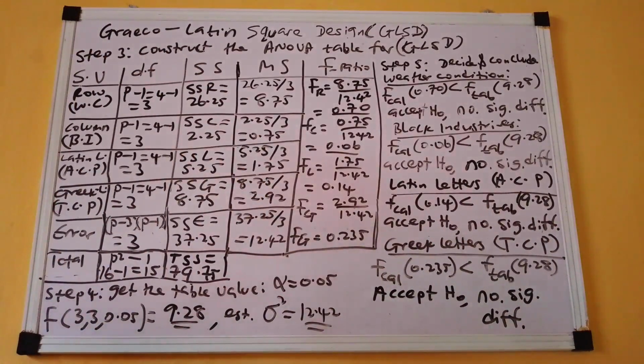The Tombs cement products are 4, they are the Greek letters. The Latin cement, the IOP cement products are 4, they are the Latin letters.